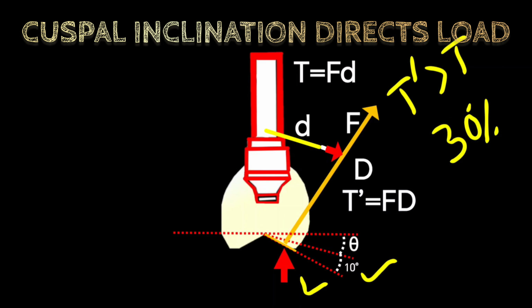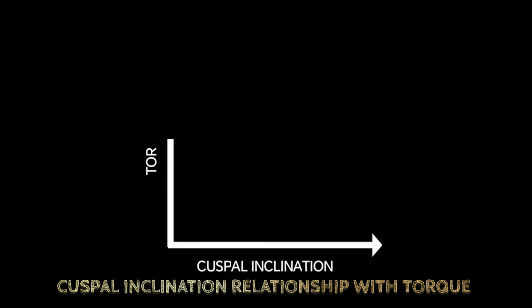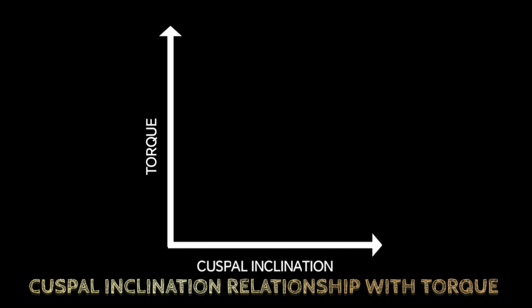bone-implant interface. Let us plot cuspal inclination along the x-axis and the percentage of change in the torque along the y-axis. The torque acting upon the implant prosthesis at some degree of cuspal inclination is shown as a bar.